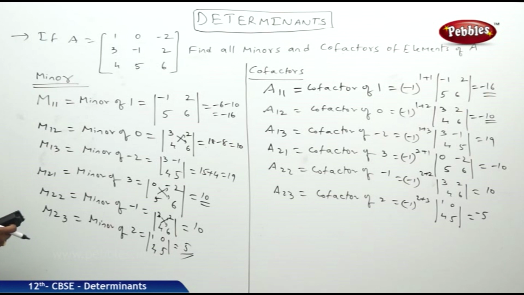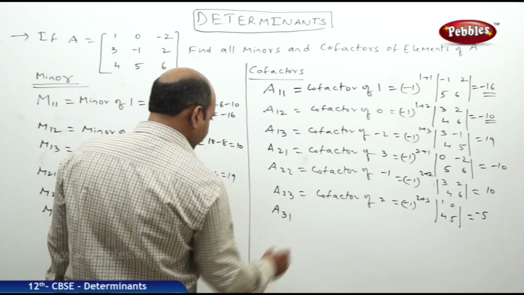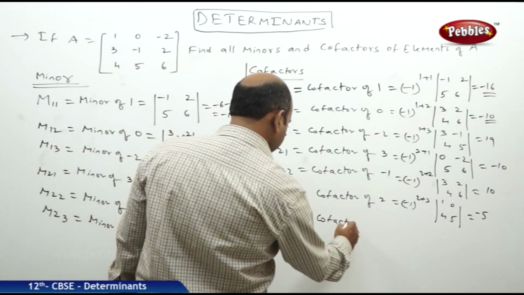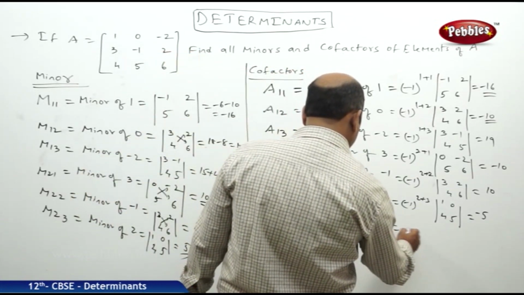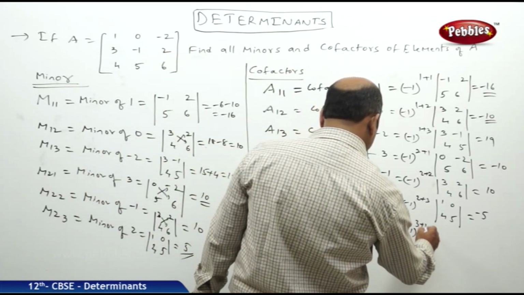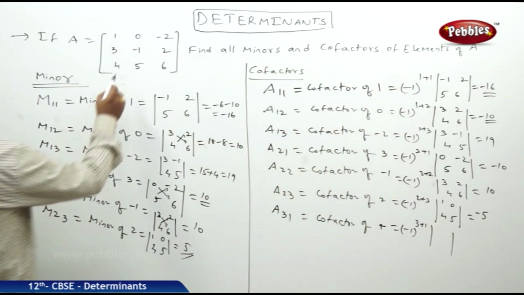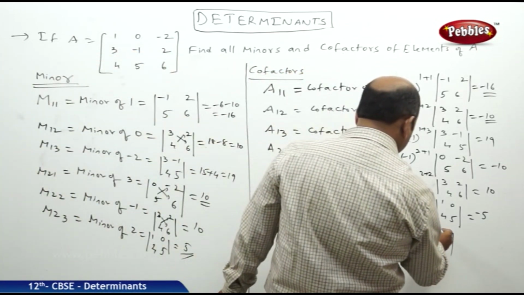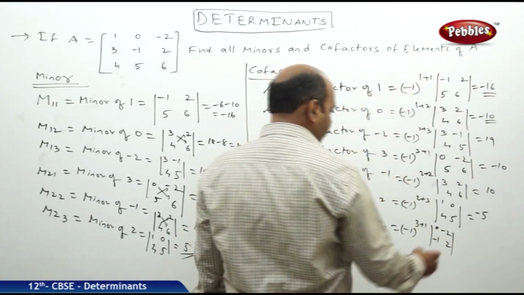means so directly here I will be doing, I will write this as A31. A31 means cofactor of 4. Cofactor of 4 means minus 1 power 3 plus 1 into its minor. Into its minor means what happens? 0 minus 2, minus 1, 2. So what happens?